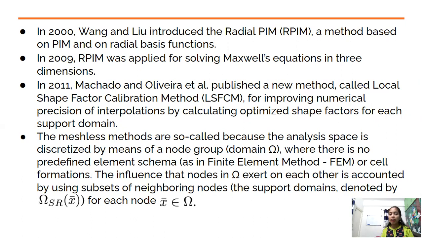In 2009, RPIM was applied for solving Maxwell's equations in 3 dimensions. In 2011, Machado and Oliveira published a new method called local shape factor calibration method LSFCM for improving numerical precision of interpolations by calculating optimized shape factors for each support domain.